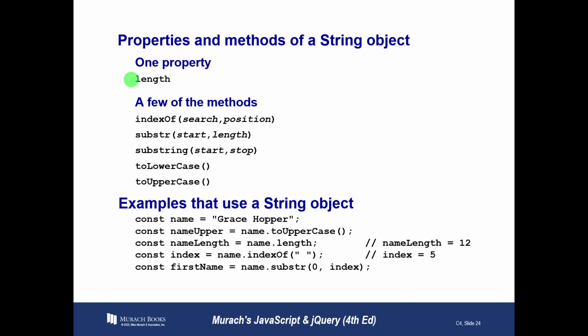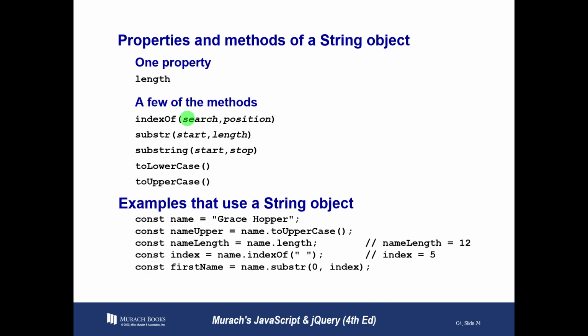We could also use some methods that are built in, and we could say indexOf, and then we tell what we want to search for in a string, and the position, and it starts at that position and looks through it, trying to find the item that we put in the search position. If we leave out the position, which we can, it will just search the entire string.